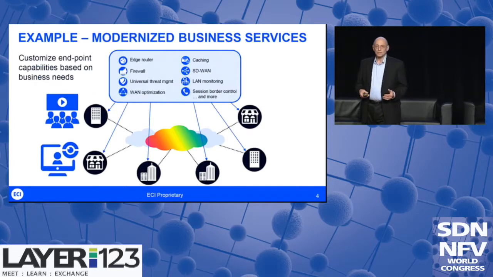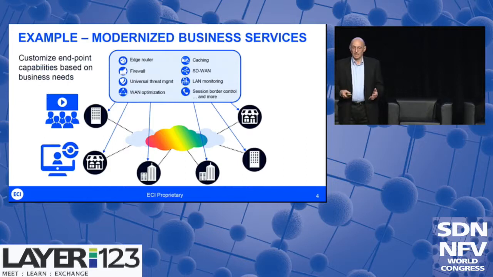What about modernizing your business services? It's not just about bandwidth and connectivity, but also the type of services that you can provide on top of that bandwidth and connectivity. And here we're talking about the things that exist over layer 3.